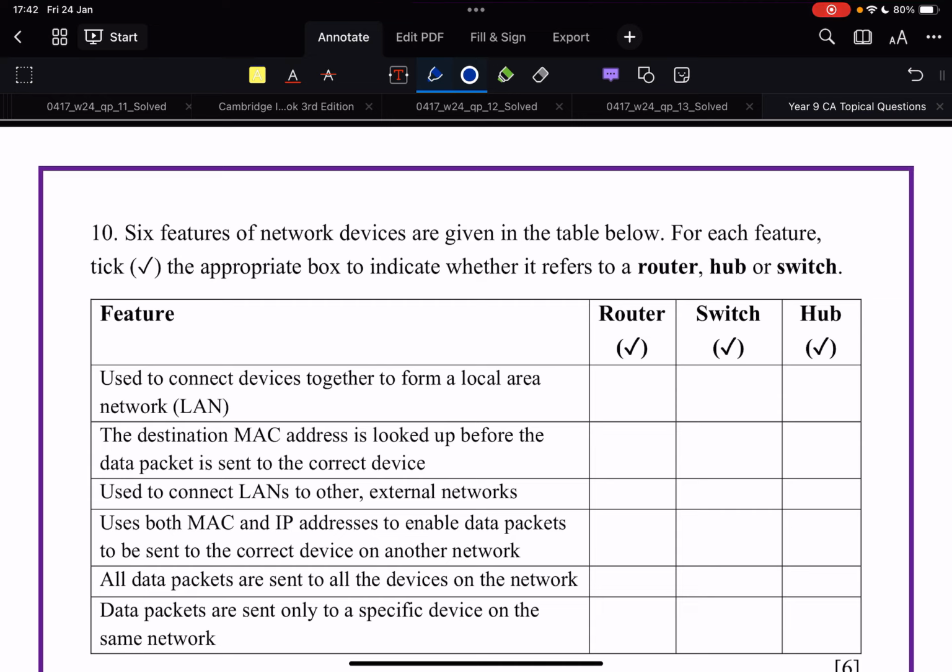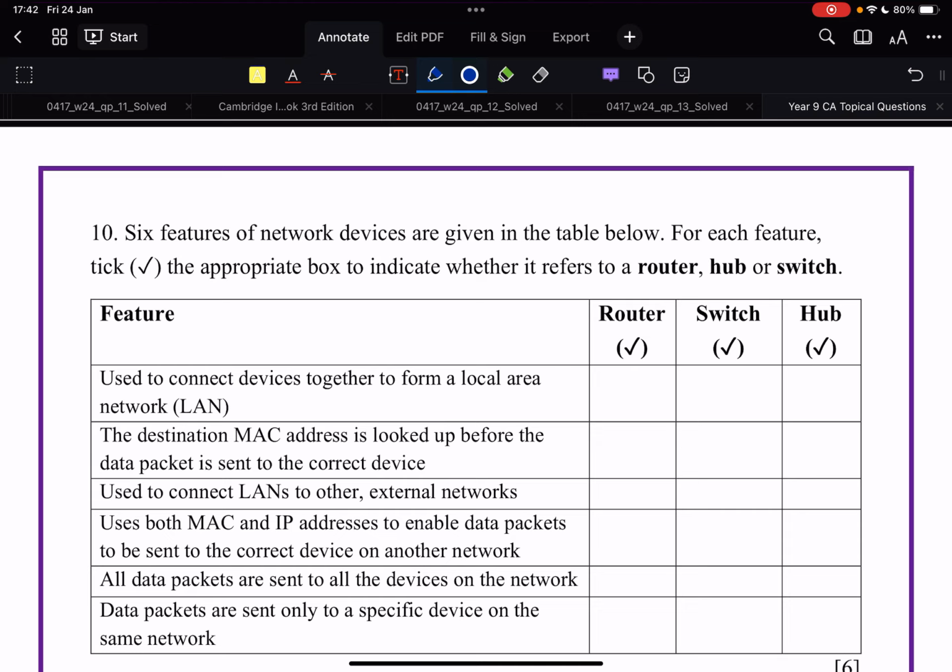Basically what the hub and switch do generally is that they have numbers of devices connected to them. Their primary function is to connect devices together to form a local area network, what you have as a LAN, but they have specific functions.